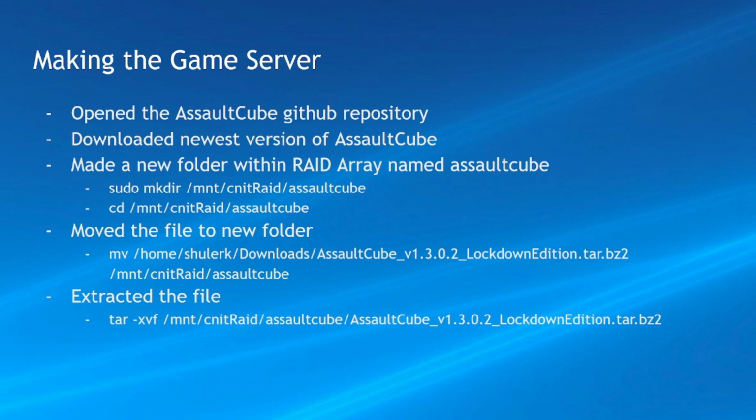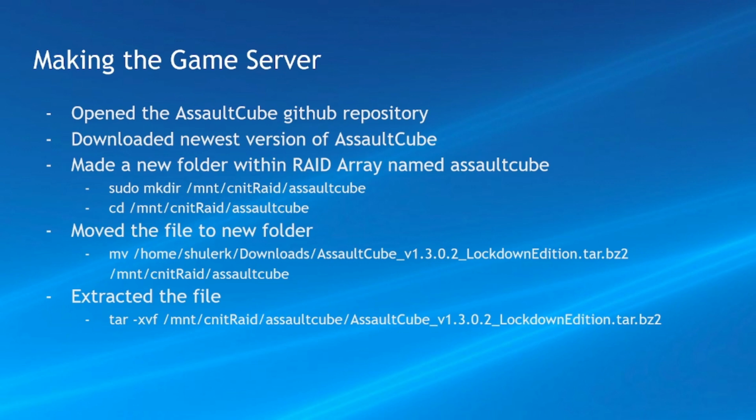Next, I made the game server, for which I first used the Assault Cube GitHub repository to download the initial files I needed, and then I made sure to download the newest version of it, and this was located within my downloads folder.